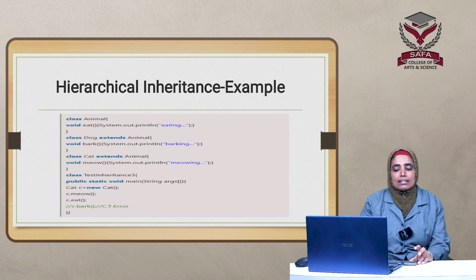Here, animal class, dog class, cat class and test inheritance class. Animal class is a base class, dog and cat classes are derived classes. This is all about hierarchical inheritance.